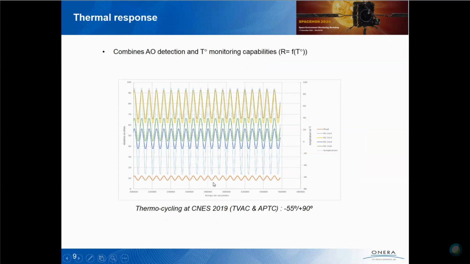Here you have the equivalent resistance, and here we have also monitored the resistance of each sublayer. What is interesting is the evolution of the silver metallization resistivity with temperature. The very same detector that is used for AO detection can also be used for monitoring temperature. So using this device, we have both capabilities.